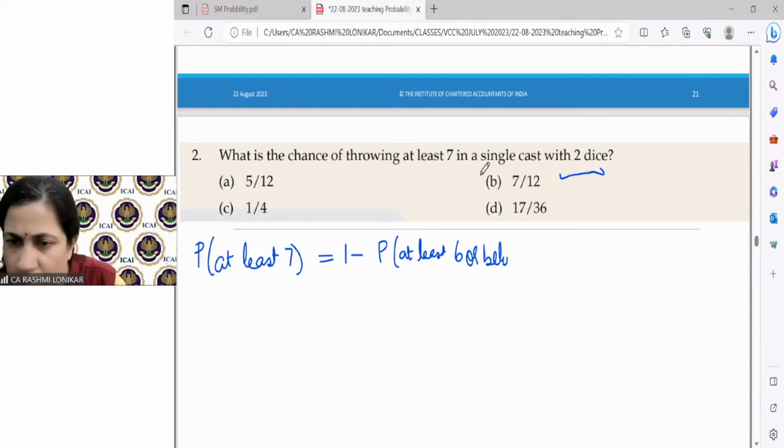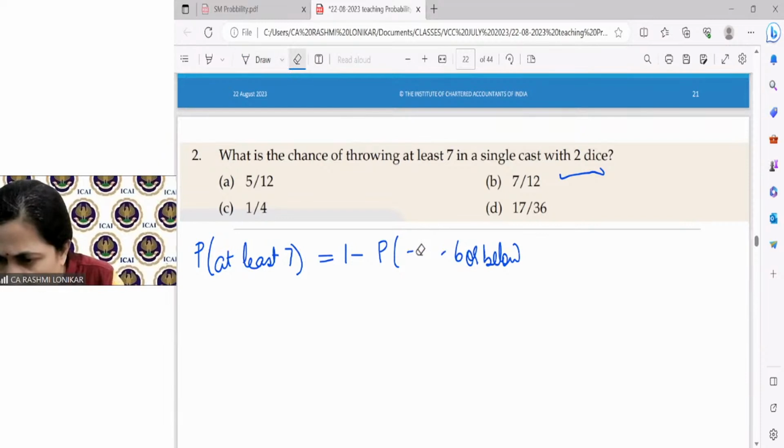Not at least, 6 or below. When I say at least 7, it is 1 minus 6 or below.